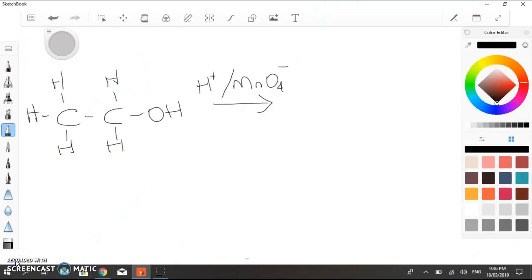Primary alcohols first are the easiest ones to consider. Primary alcohols are always found on the end of a carbon chain. Our reagents, permanganate is the first one, and I'm just going to remind you the colour change for permanganate in acidified conditions. We must have the acidified conditions. That is really important.